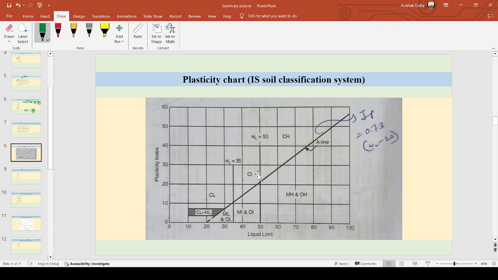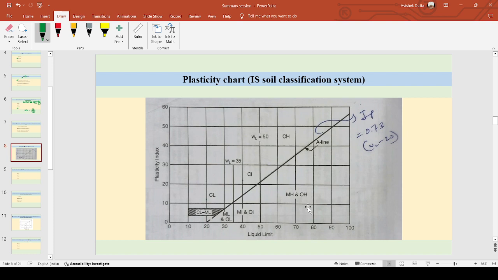Also, the soil below the A line might have silt in it, but it will never have clay. The soil above the A line is clayey soil, and the soil below the A line is silty soil and organic soil.